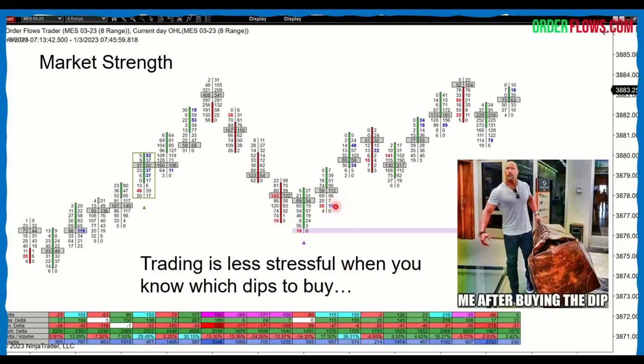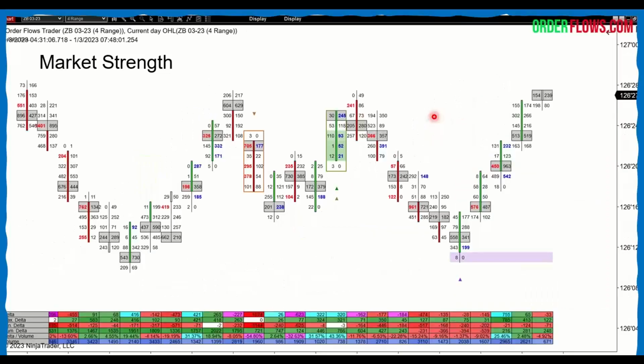Then the aggressive buying pops in here and the market starts. This is just this morning. It's 7:50 this morning to catch a nice 5-6 point move here over 10, 15 minutes.